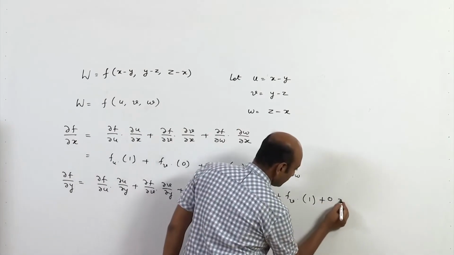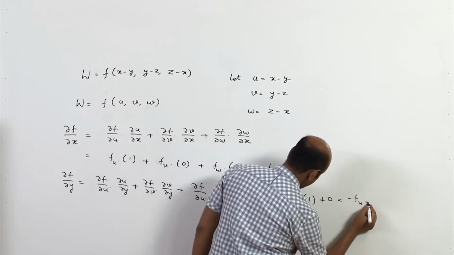So, this is 0. So, this is minus f u plus f v.